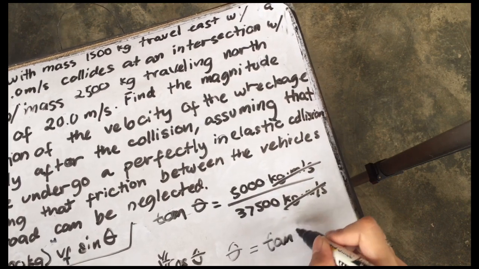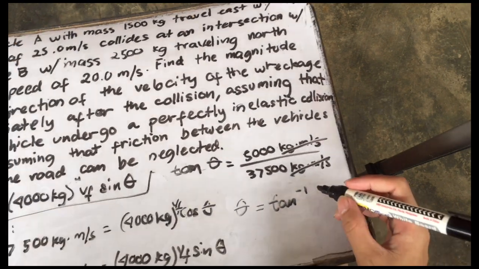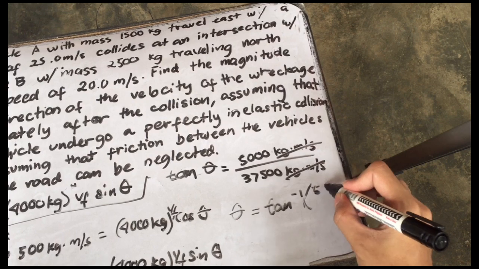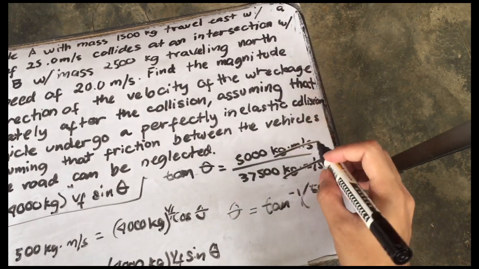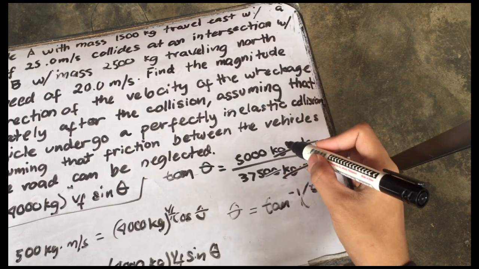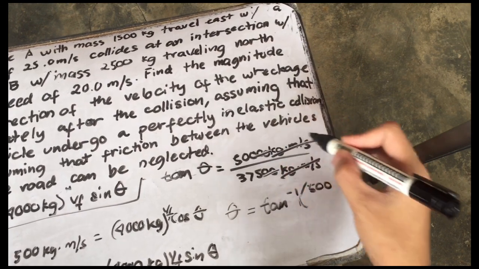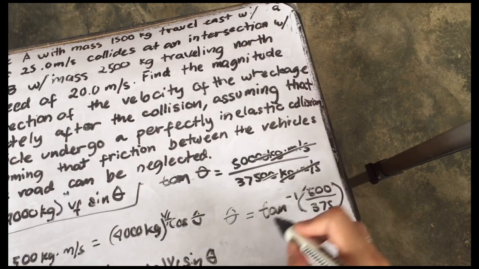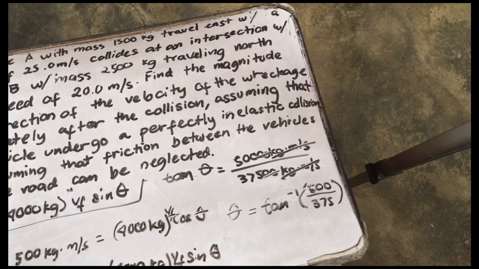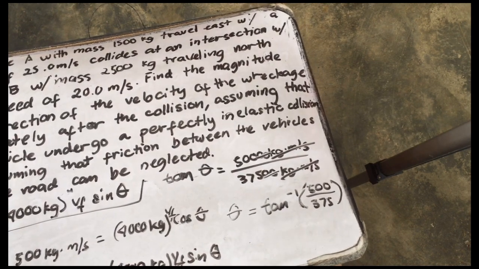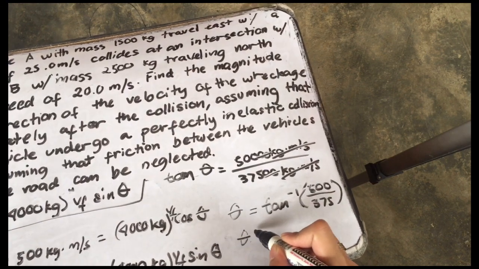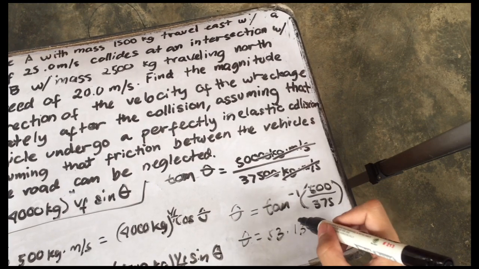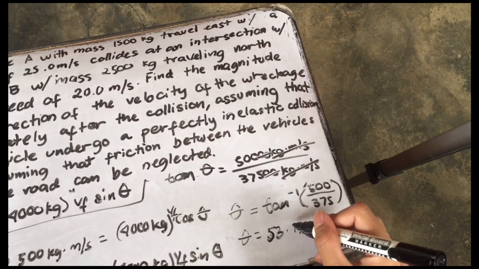Theta is equal to inverse tangent, so 500 yun over 375 kilogram, ay 375 na lang, walang unit. So theta is equal to, by calculating, 53.13 degrees.